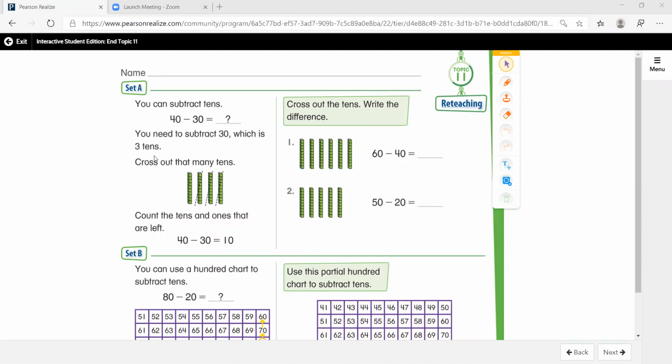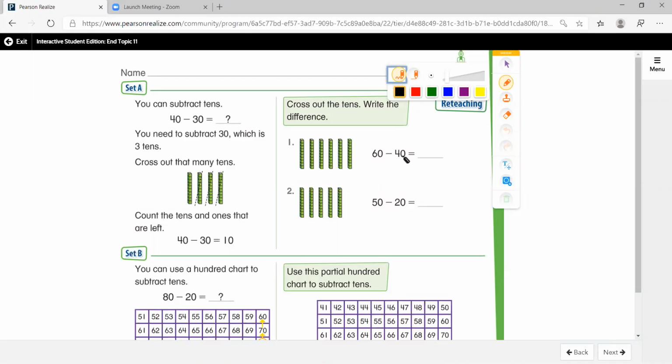First, we're going to work with using our models of tens and ones to help us subtract. So take a look at number 1. You can see that the equation is 60 minus 40 equals blank. They have started our model for us with 6 10 sticks to represent 60. Now remember, if we're subtracting, we're going to be counting back. We want a smaller number for our answer.